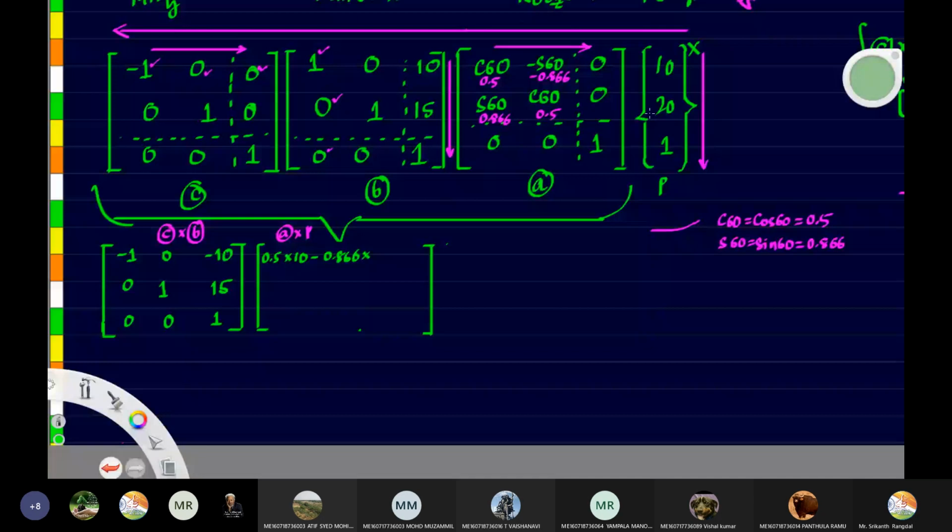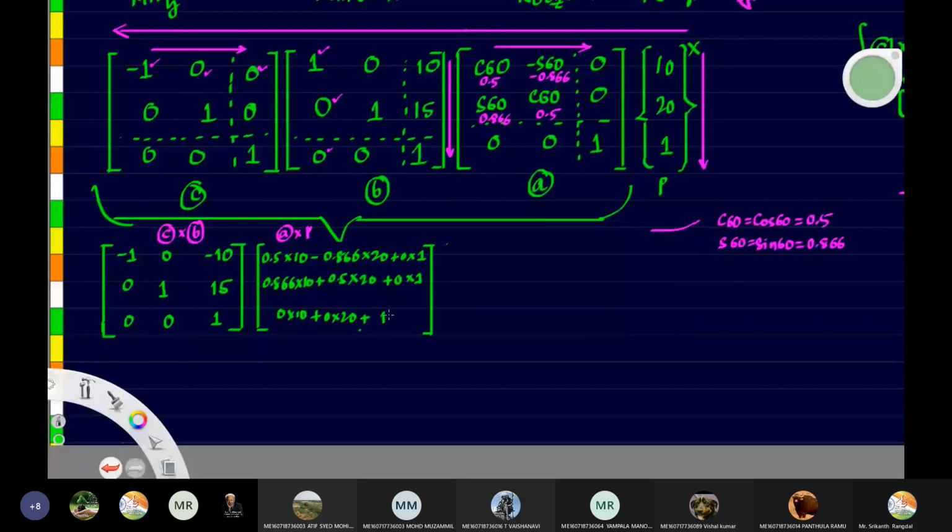Okay, and finally 0 into 1. So plus 0 into 1. Okay, and then next we have to take 0.866 into 10 and plus 0.5 into 20, and then plus 0 into 1. Correct. And then of course this is 0 into 10 plus 0 into 20 plus 1 into 1.